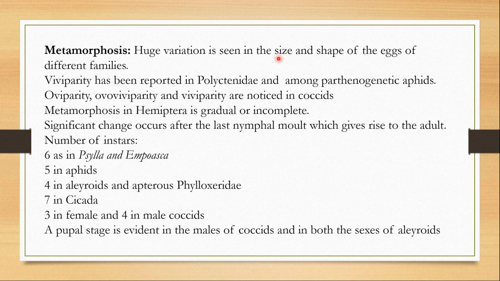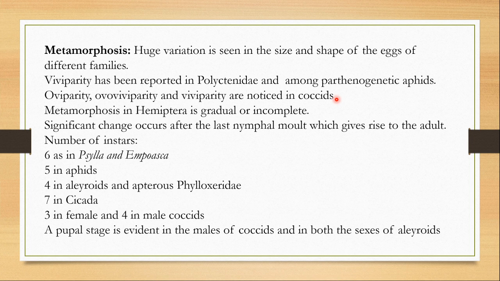There is huge variation seen in the size and shape of the egg in different families. They can vary in many different shapes. They can be of many different sizes. They can be laid in many different numbers and in batches or singularly. So there is a lot of variation possible even in egg laying.